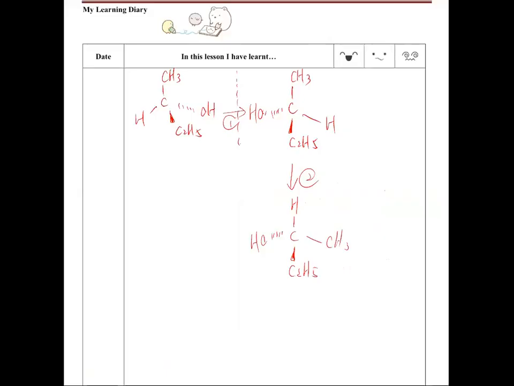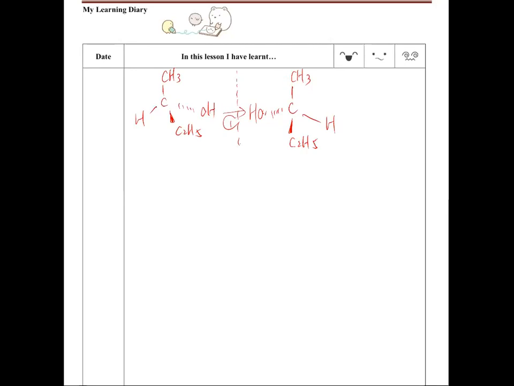So if we go back to this molecule, that's the beginning. If I do it once, I get the enantiomer. That's this molecule. Now I want to see how many steps I need to go through in order to get the molecule on the right-hand side. That's the first step. And then I need to get the hydrogen to this position, so I will switch again.